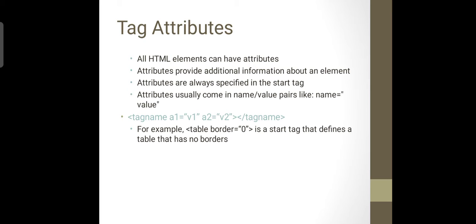For example, you can use a table tag, and the table tag has a border. Border is an attribute of the table tag, along with others like border color, cell padding, and cell spacing. You can mention a border value like 0, 1, 2. This is a simple example. You use the tag attributes in the opening tag.